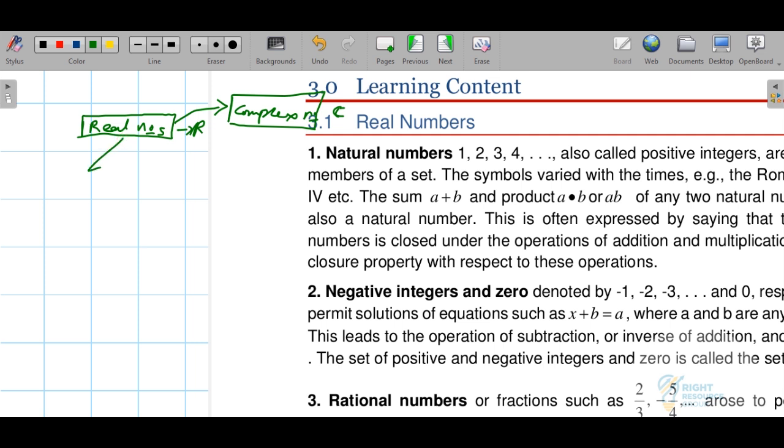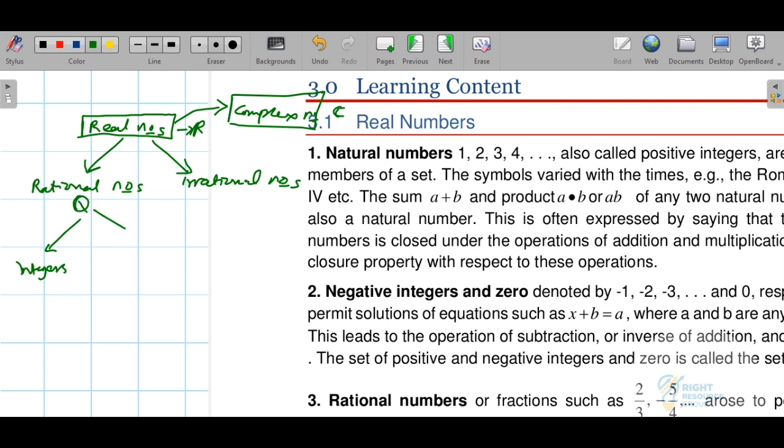Inside real numbers, we have the rational numbers, which is represented as letter Q, and we have the irrational numbers. Then under the rational numbers, we have integers.